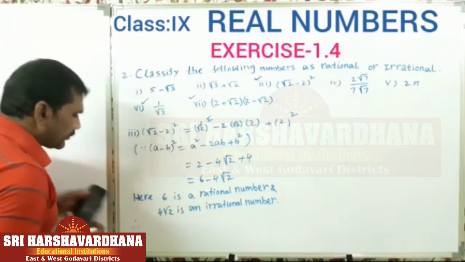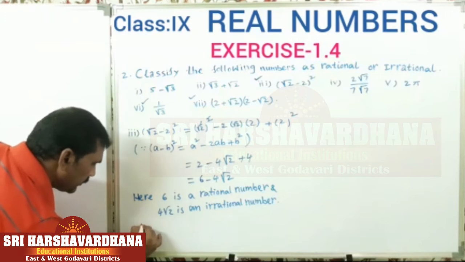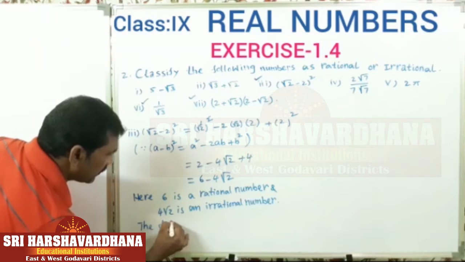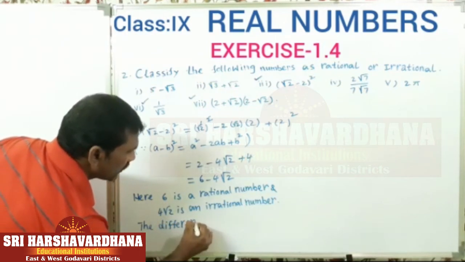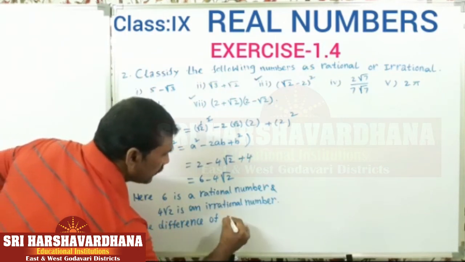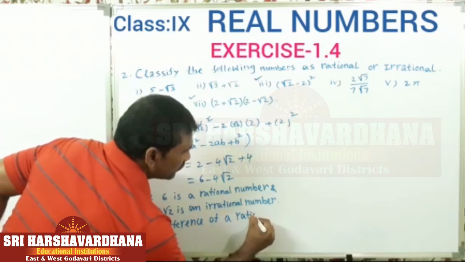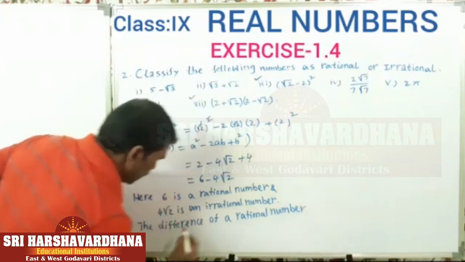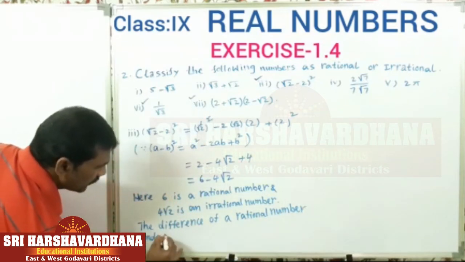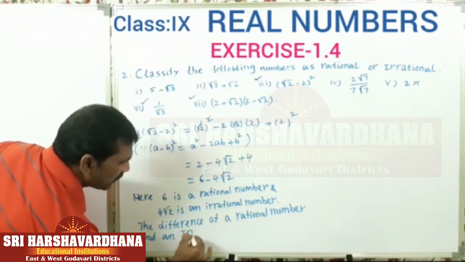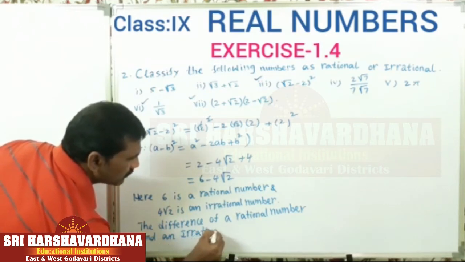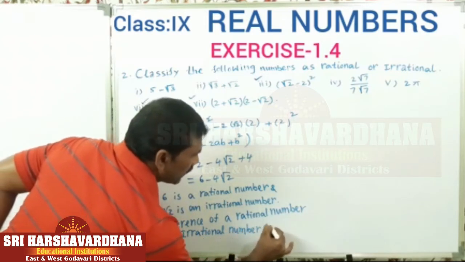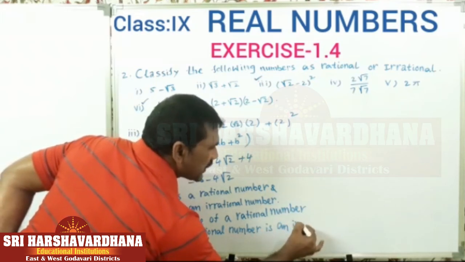Why? Because the difference of, better to write that reason, okay? The difference of a rational number and an irrational number is an irrational number.